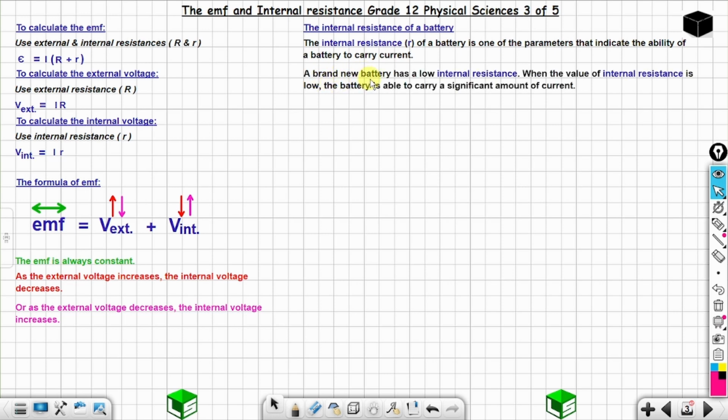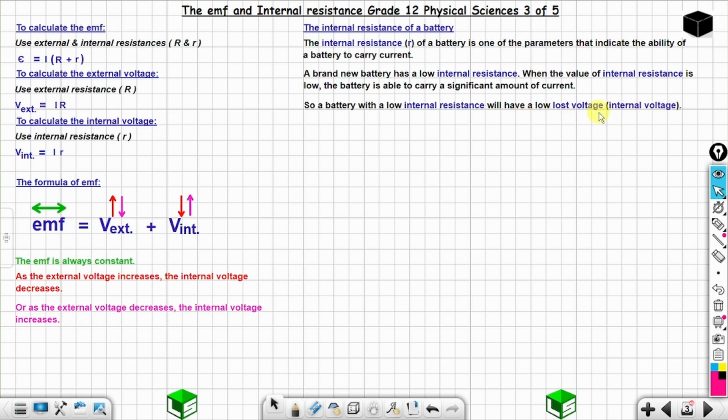A brand new battery has a low internal resistance. So when the value of internal resistance is low, the battery is going to carry a significant amount of current. So a battery with a low internal resistance will have a low lost voltage or a low internal voltage.